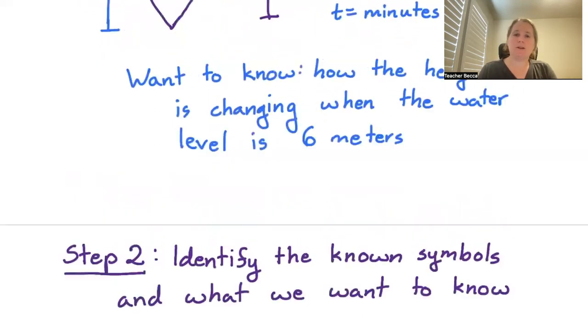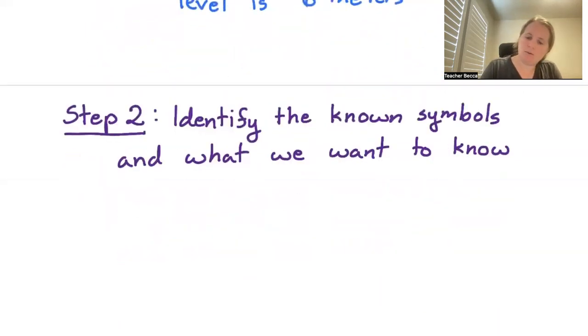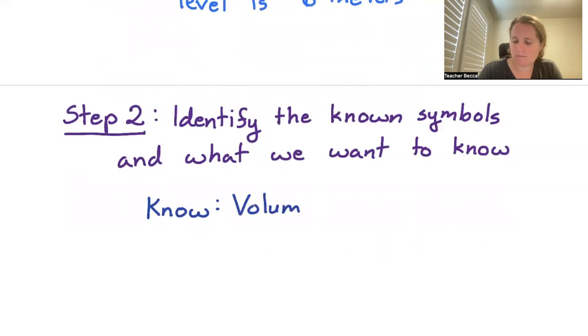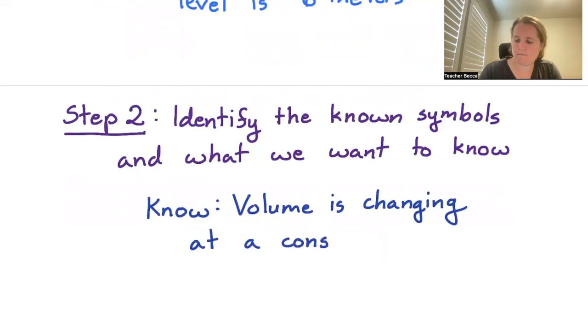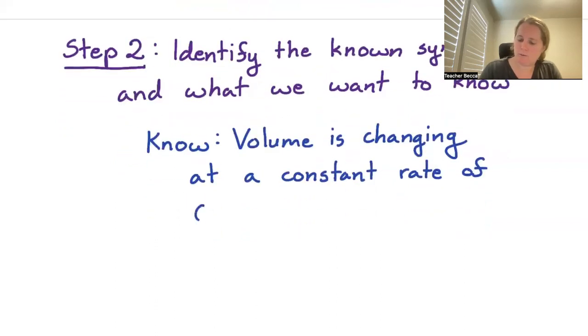So the pieces of information we have, we know that the volume is changing at a constant rate of 0.1 cubic meters per minute.